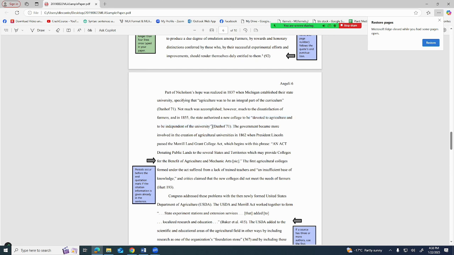And you also have to, notice that in parentheses, what we have here is the author of the article, Dan Hoff in this case, and page 71. Notice there's no "page" there, it's just 71. So this is where this student got this piece of text from. This is very important.